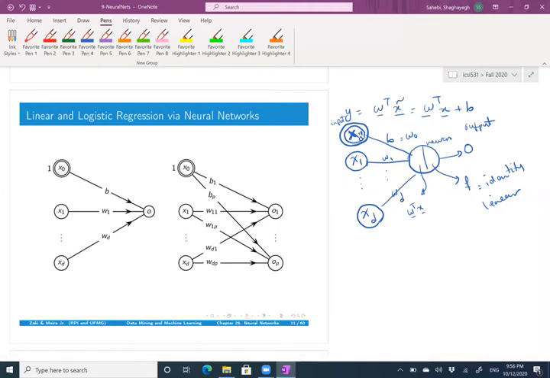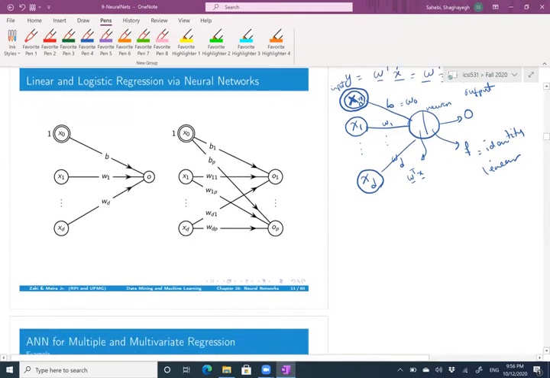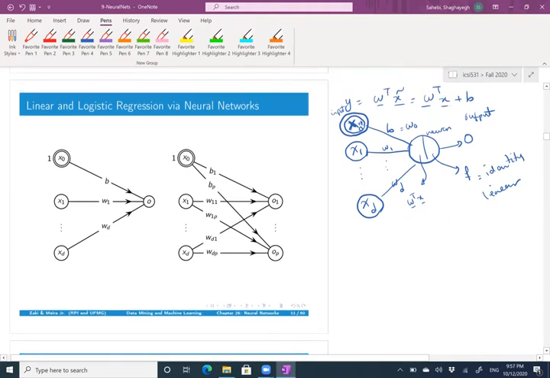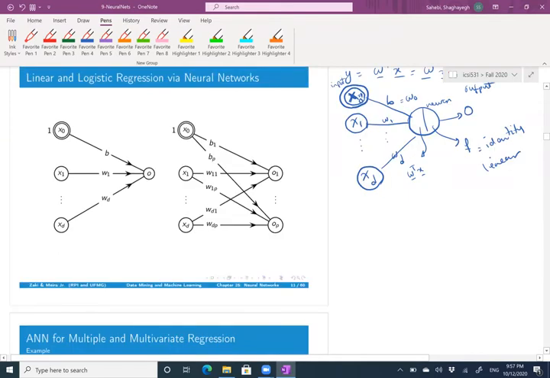represented as neural networks. How about logistic regression? Well, if we have 2 classes only, it's very similar to linear regression.